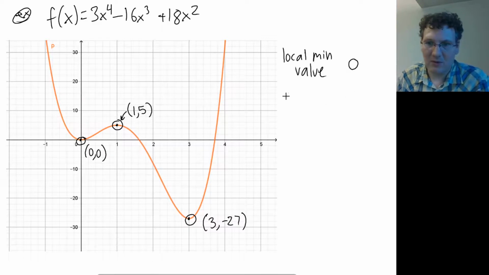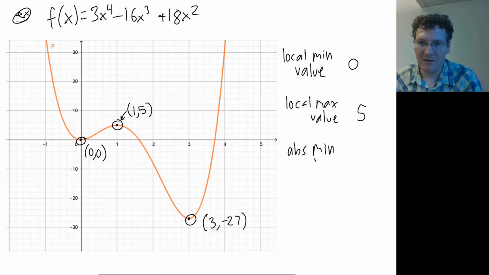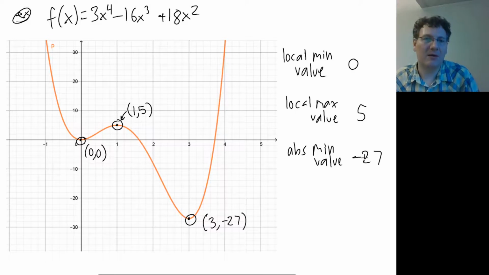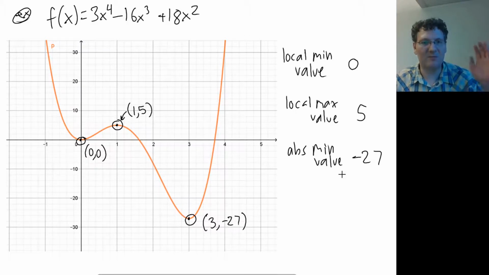We have a local max value of 5. We have an absolute minimum value of negative 27, but on the entire domain of all real numbers, there's no absolute maximum value, because this polynomial increases unboundedly to the right and to the left.